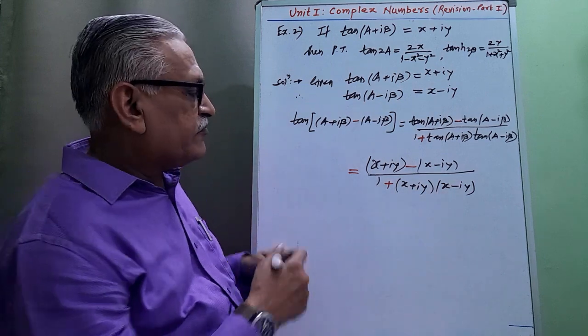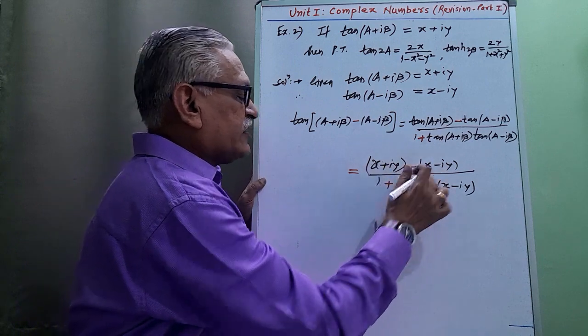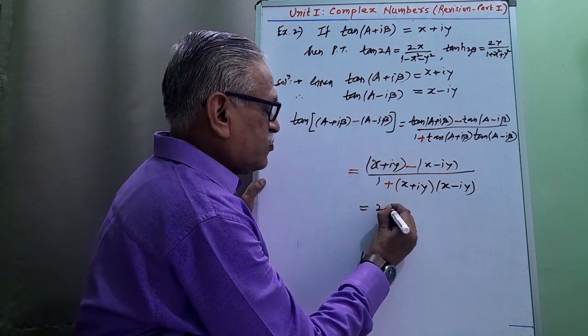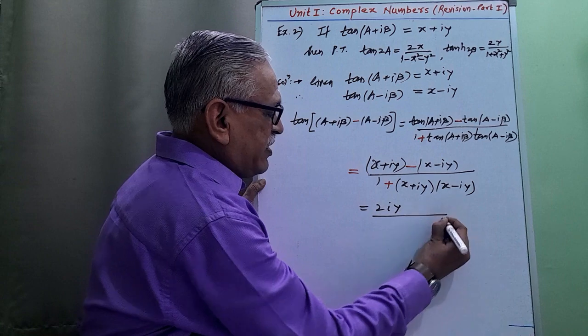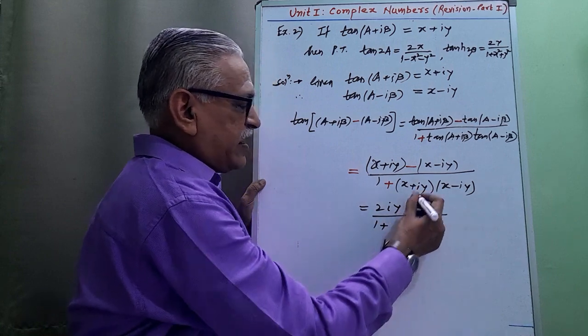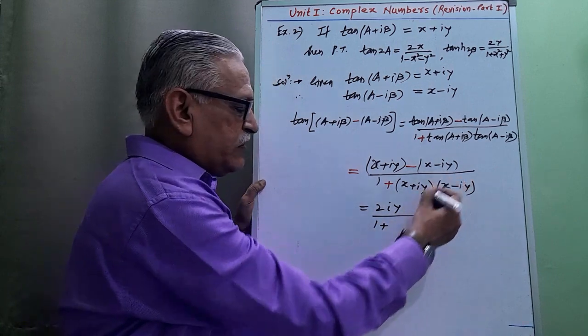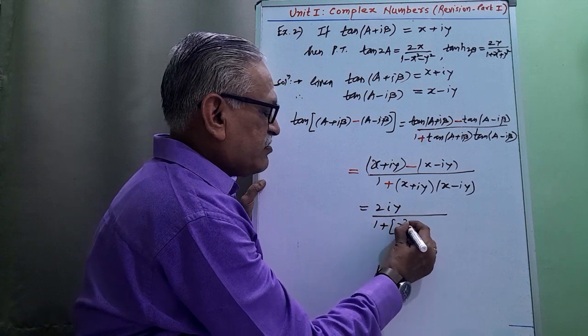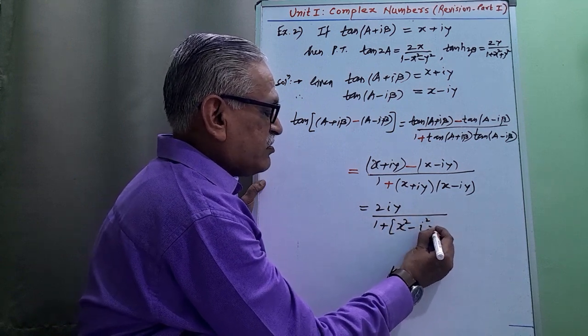Simplifying it, this time x gets canceled, we get 2iy whole divided by 1 plus, again a product of (a + b) into (a − b), it is x square minus i square y square.